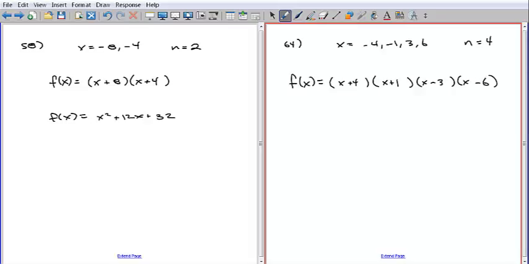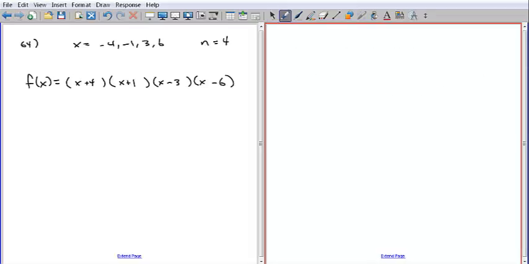Okay, 65. So you got zeros of x equals 0 and x equals -4, and it's a fifth order polynomial. So this is an interesting one.